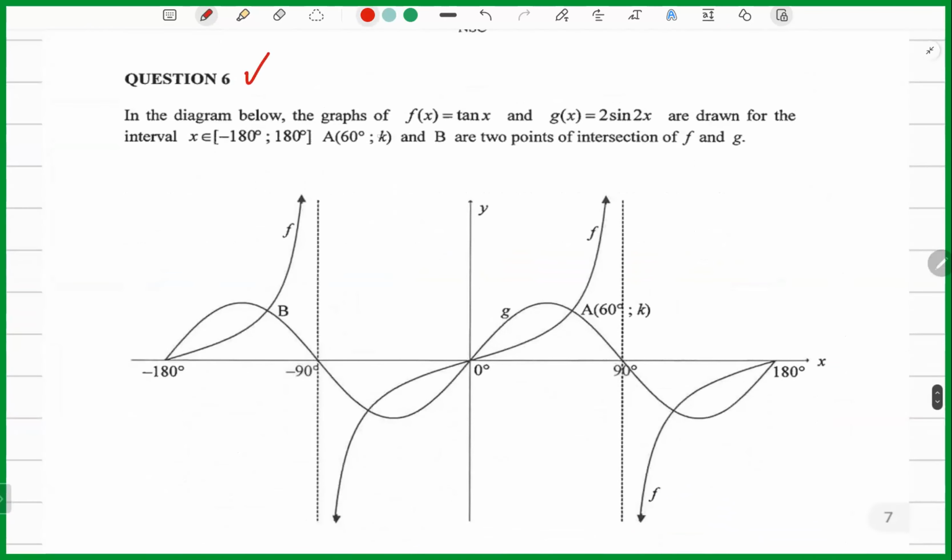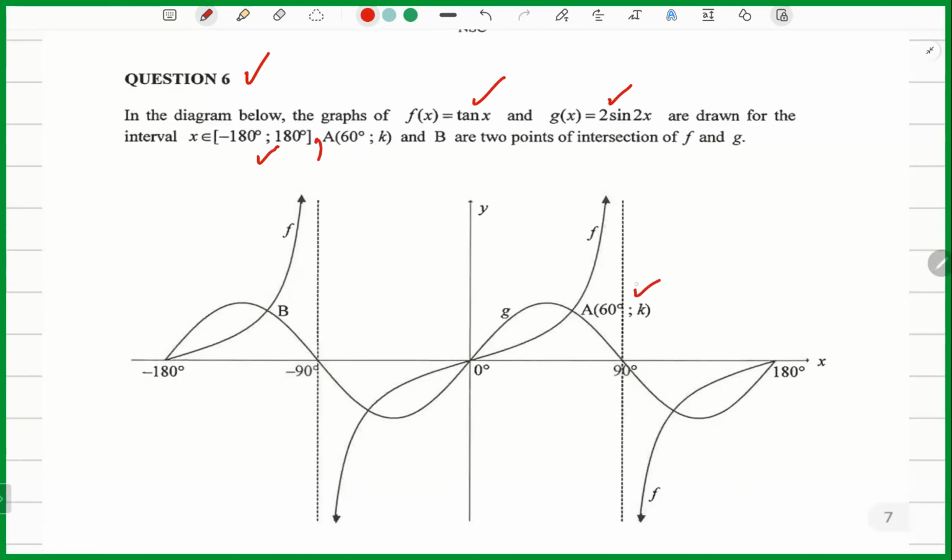Question 6, in the diagram below, the graphs of f of x, which is the tangent of x, and g of x equals 2 sine 2x, are drawn for the interval x between minus 180 and 180. A has the coordinates 60 degrees and k.